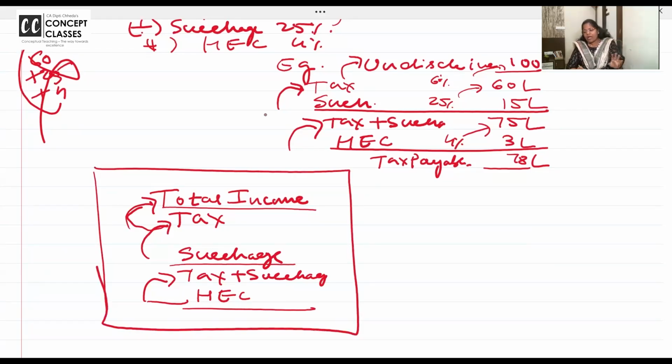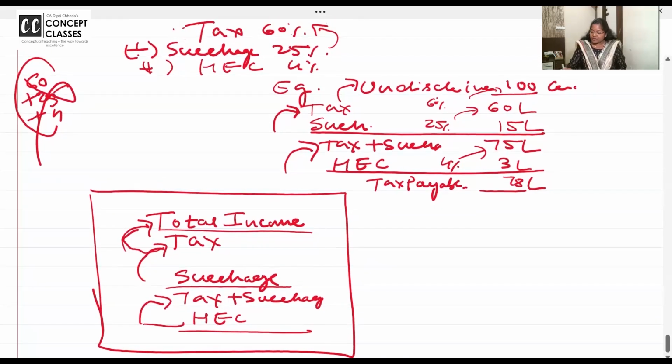I feel so bad when I see a silly mistake in exam. I'll tell you what students do. They calculate the tax and surcharge and everything properly, and at the end they write 178 lakhs. Gone. Your income is different and your tax is different. Don't add income and tax. If you are alert and feel, ma'am, I already knew why you are saying this, then thank you.